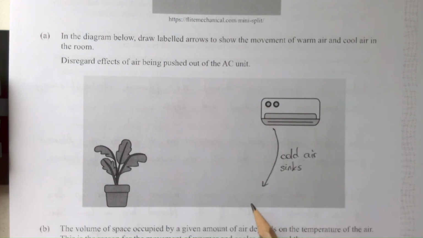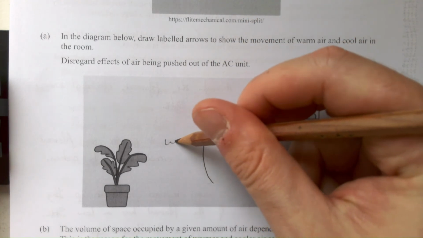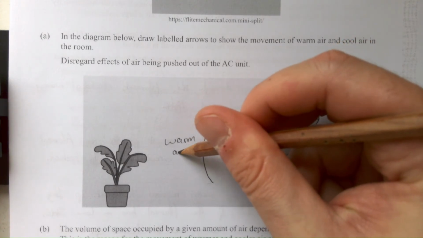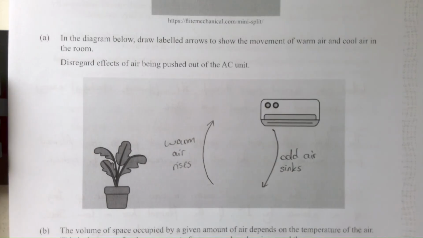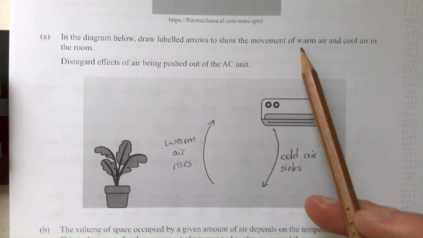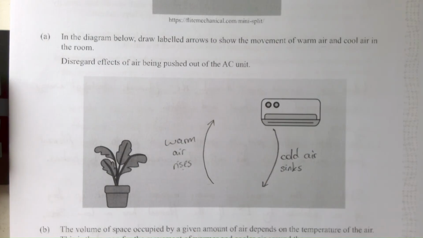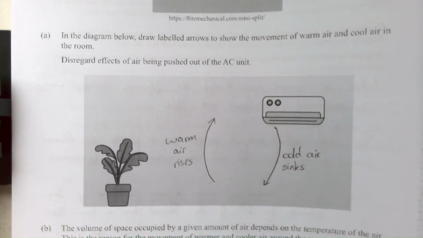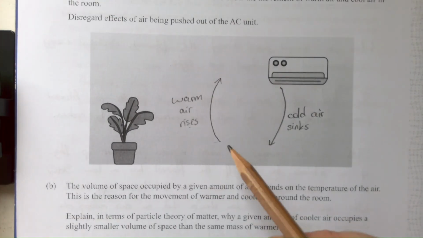Because the cold air is sinking, it then pushes warm air to rise. So we've got an arrow showing the movement of warm air and cool air. That's it. For achieve, you had to have both arrows going the correct way with a label to say which one's which. If you used colours, I presume red and blue you'd get away with it, but I would always label it as well just to make double sure.